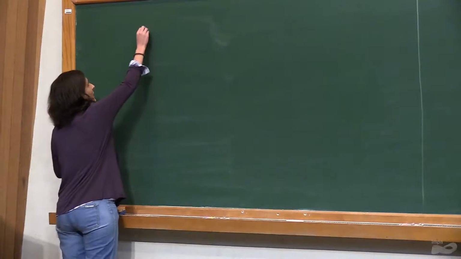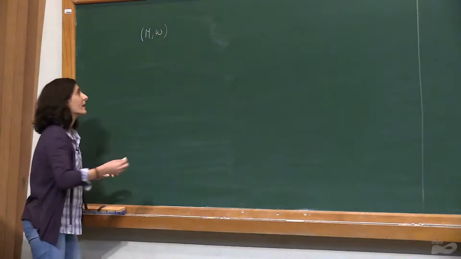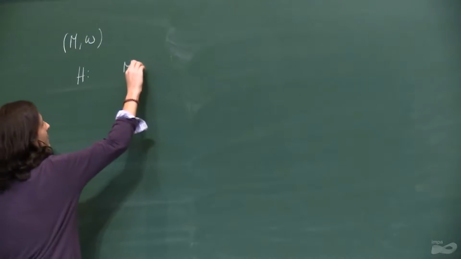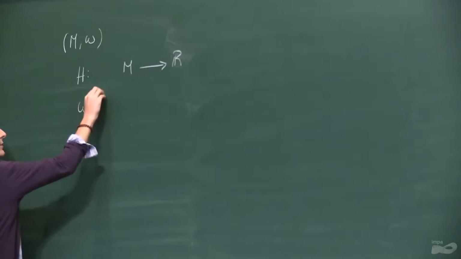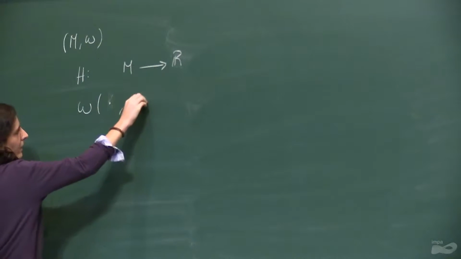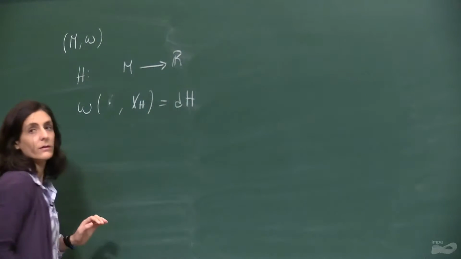So if we have a symplectic manifold (M, omega), and we have a smooth function defined on the symplectic manifold, we can associate with it a vector field, X_H, using this equation.